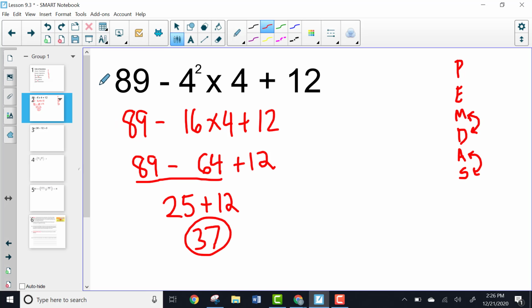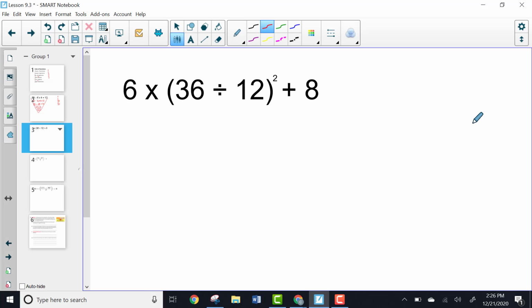So you can see when you're finished, it's kind of like you have a slice of pizza, the way you write everything out. Writing every step out is extremely, extremely important. If you miss any step, or if you try to skip steps, you will get problems incorrect. So please make sure to write every step out just like I did. So let's take a look at one together, and I want you to work this problem out with me.